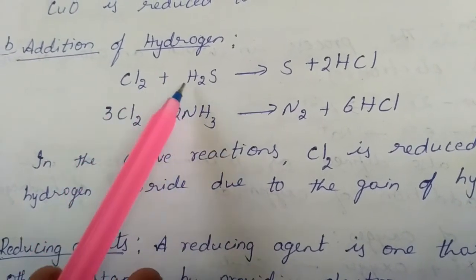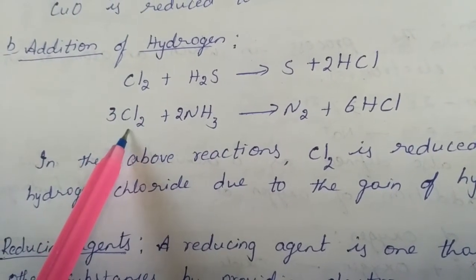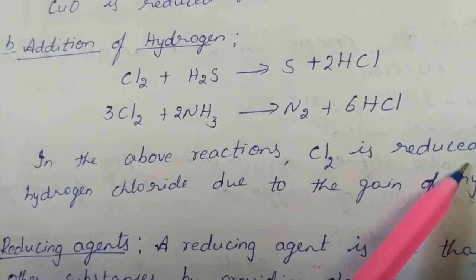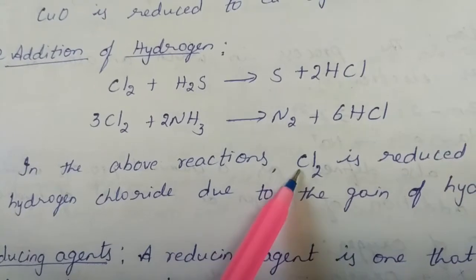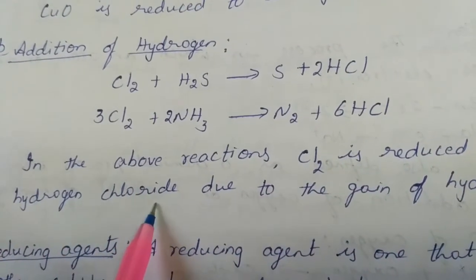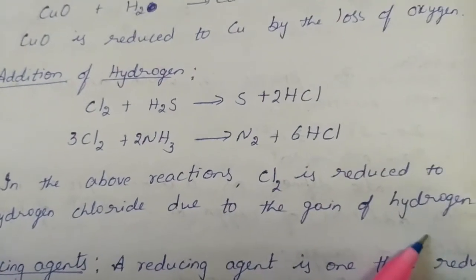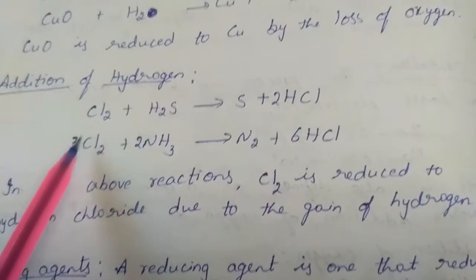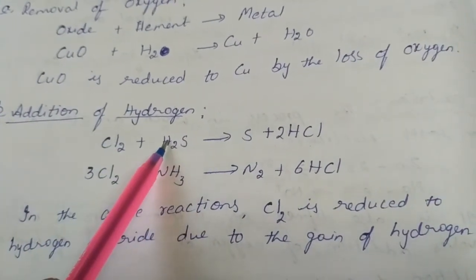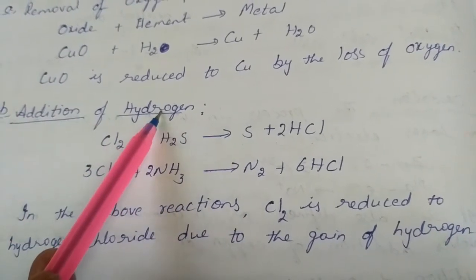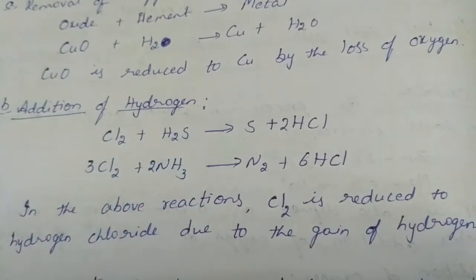So chlorine is reduced. We know that addition of hydrogen is reduction. So chlorine is reduced to hydrogen chloride due to the gain of hydrogen. Here both chlorines have accepted hydrogen. This addition of hydrogen process is called reduction.